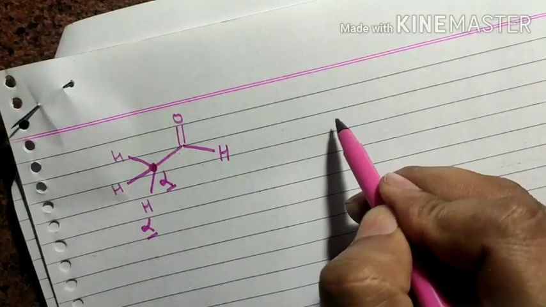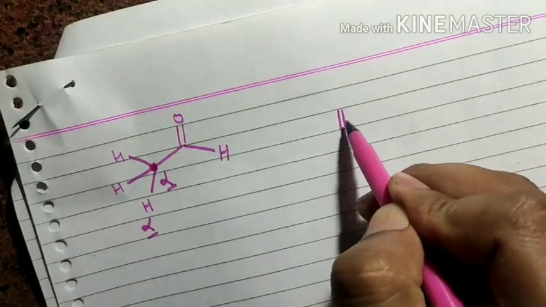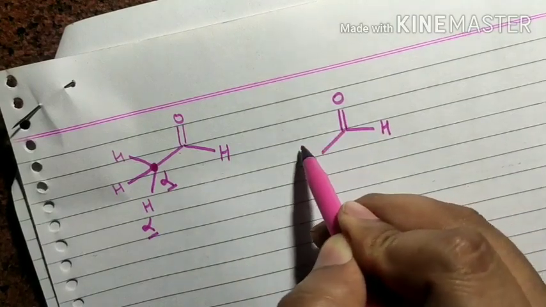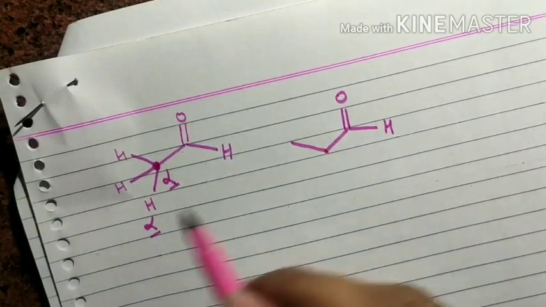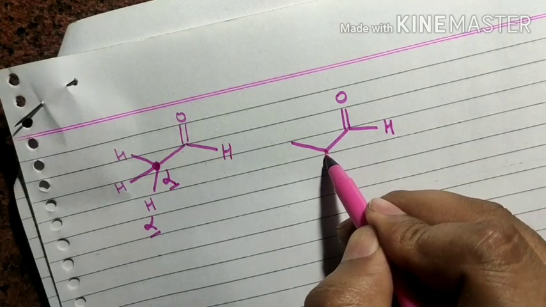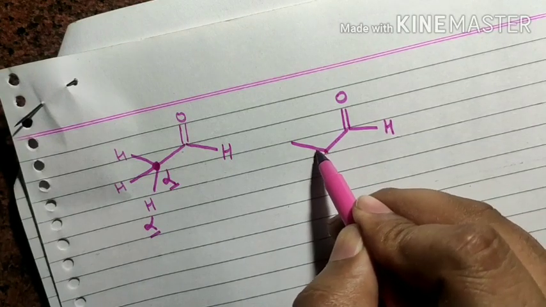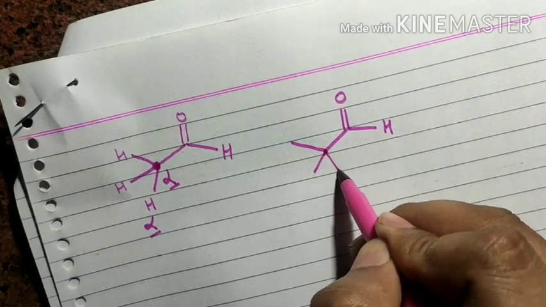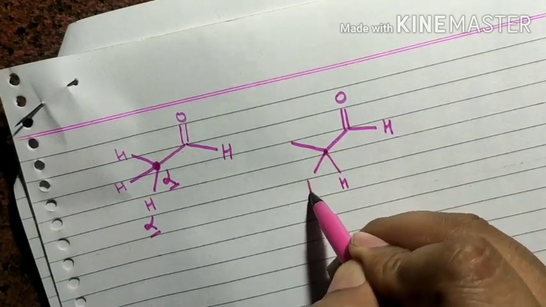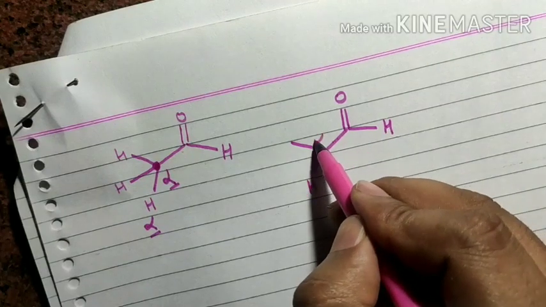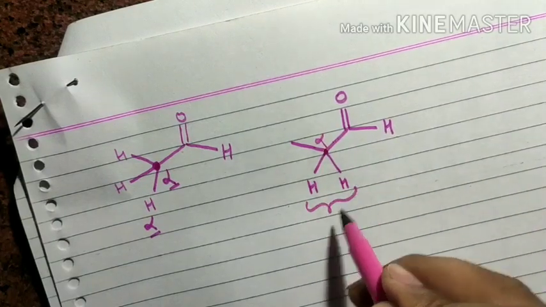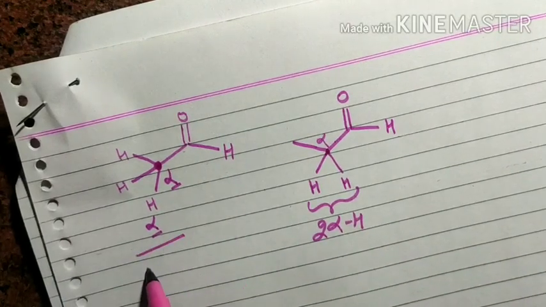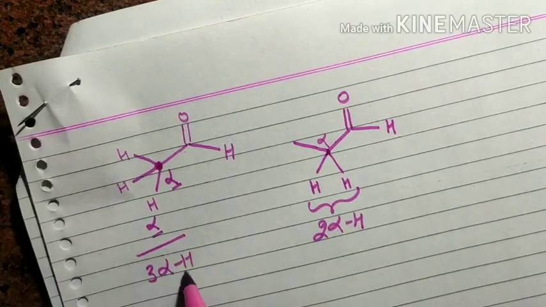For a second example, if this is an aldehyde, this carbon has 4 bonds, so the other 2 bonds are with hydrogen. So this molecule has a total of 2 alpha hydrogen, and the previous molecule has a total of 3 alpha hydrogen.